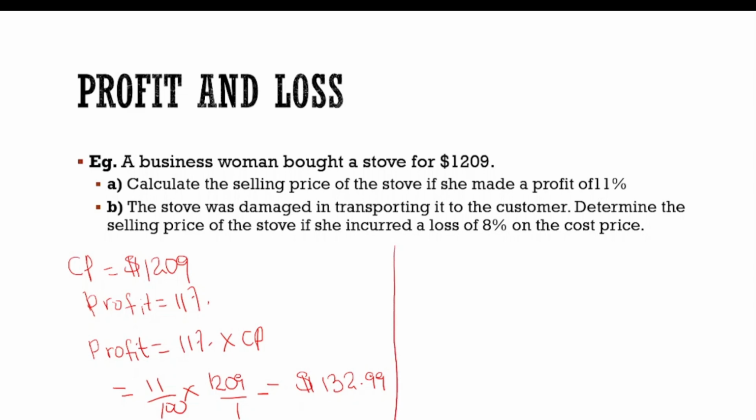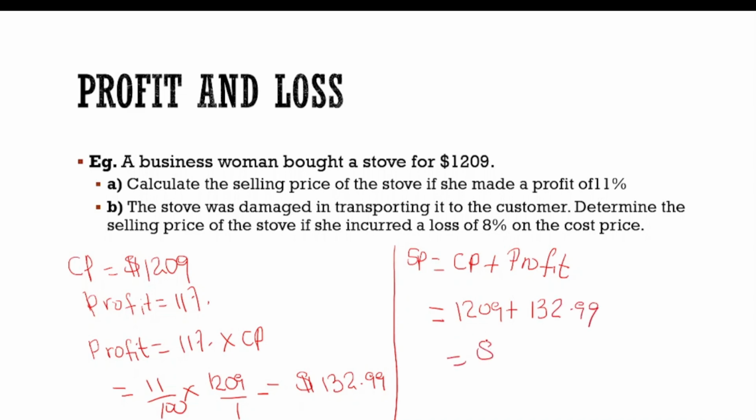So she made $132.99. In order for her to make that profit, the selling price must be equal to the cost price plus the profit. So that is equal to the cost price of 1,209 plus the profit of 132.99.